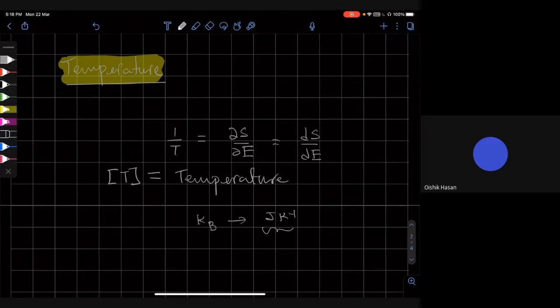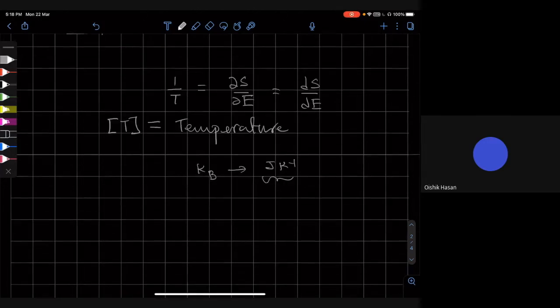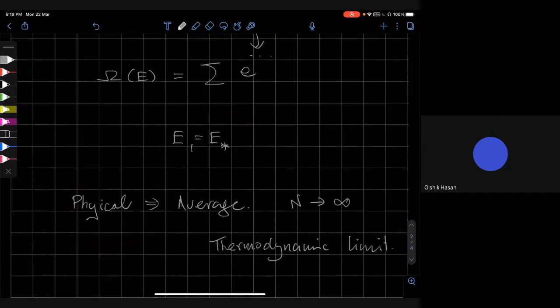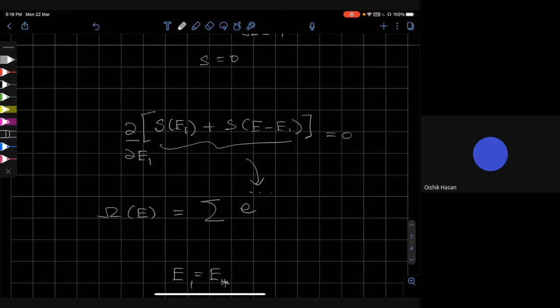What we've established above is that when we bring two systems together in equilibrium, the entropy derivatives of the two systems must agree. That's basically what we showed above, just this equation.